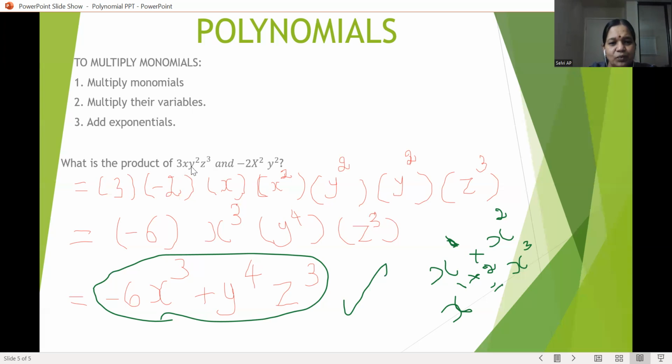So 3x y squared z cubed, this is one monomial, this is one monomial. So two monomials are there. So we are going to multiply this one. How do you multiply? First you multiply the coefficient, then variables. When you multiply the variables, you have to add the exponent value for the same variable. Okay, so we got the answer.